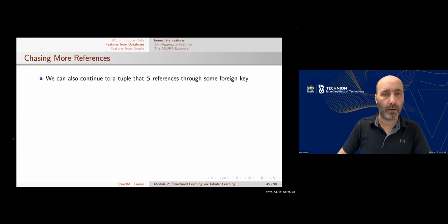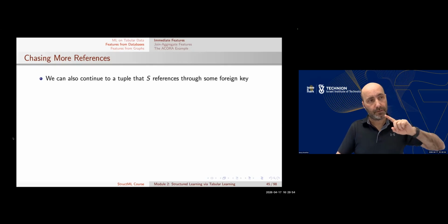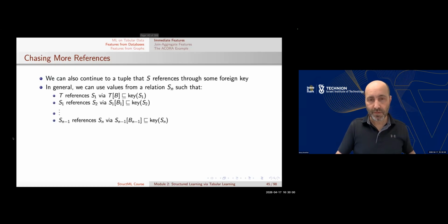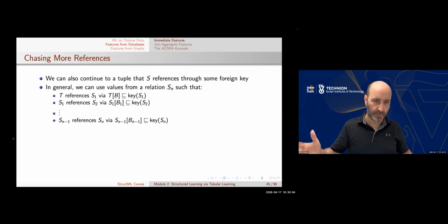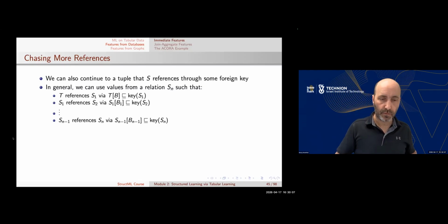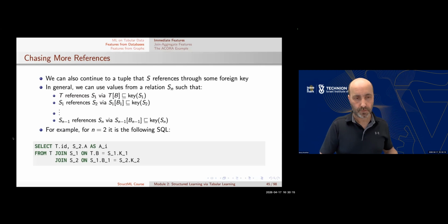Now we can further chase additional references, because there are also attributes that the referenced tuple references. If you have a situation like T references S1 and S1 references S2, and so on and so forth, we can use all of the attributes that we see along this chain of references.